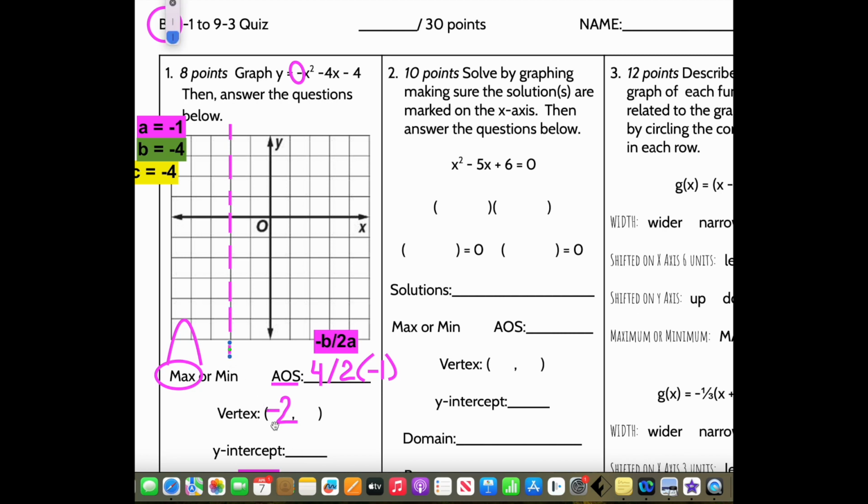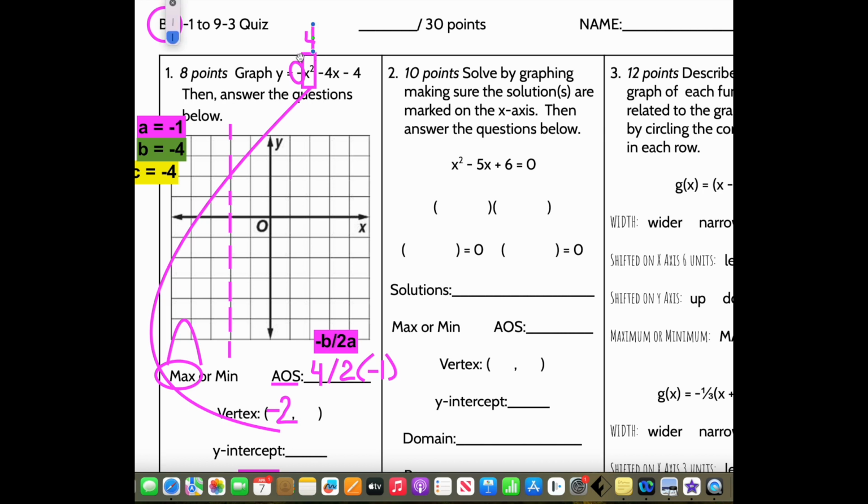How do we find the y-coordinate? We plug that -2 back into the original equation. And it's important to make sure that we're doing the -2 times -2 first, which is a +4.